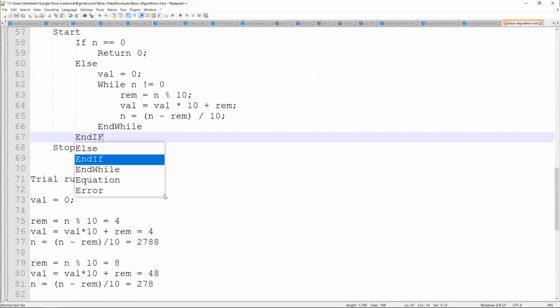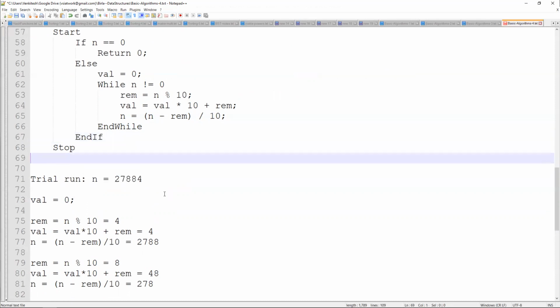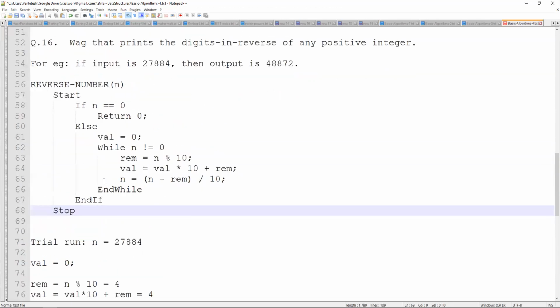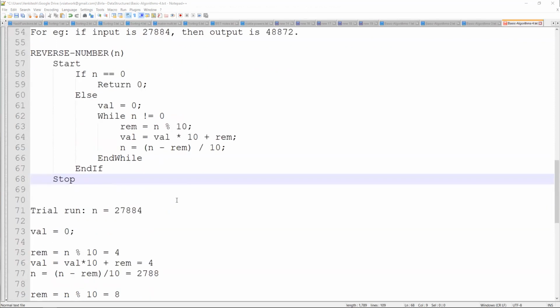All right, so this is the algorithm for reversing the number. Okay, so I would suggest that you again take an example and run this algorithm manually and convince yourself that this works correctly.